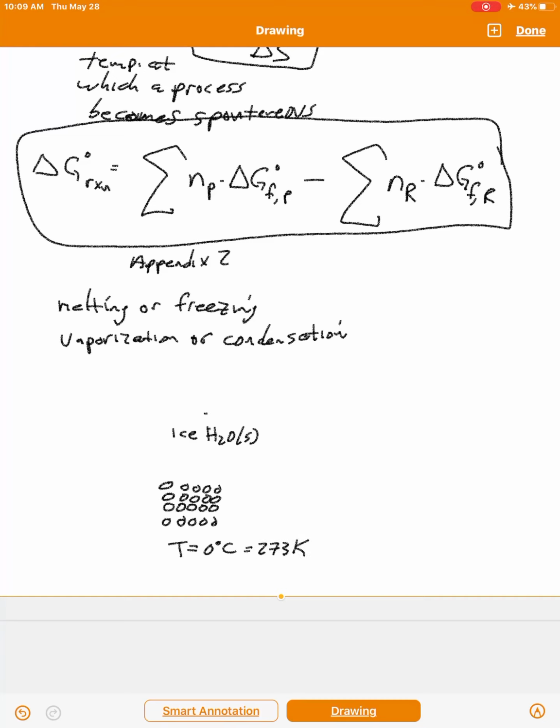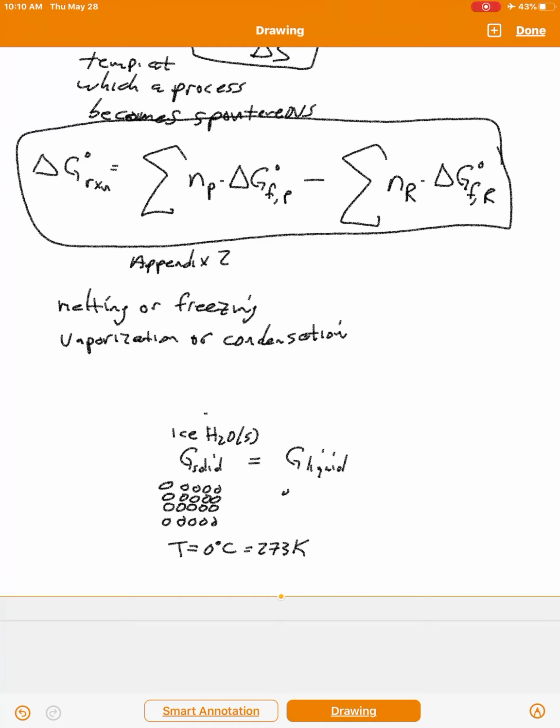At that particular temperature, the substance is going to melt. And what happens is, if you're right at that point, the Gibbs free energy of the solid is actually equal to the Gibbs free energy of the liquid.